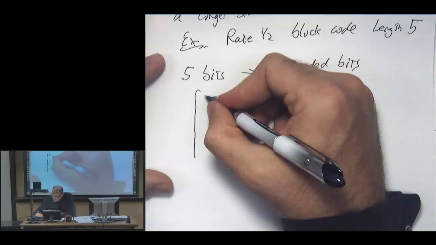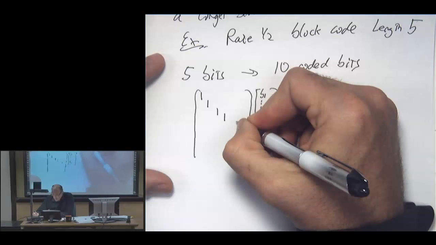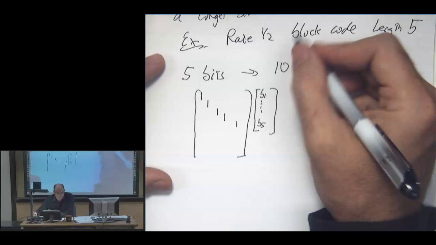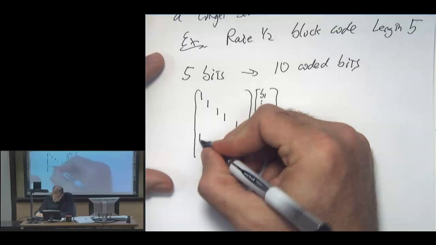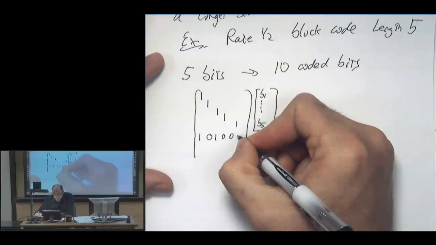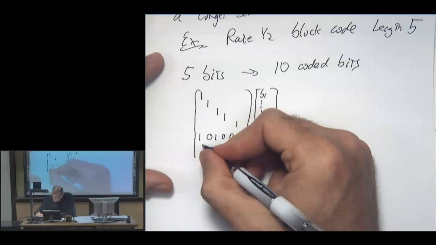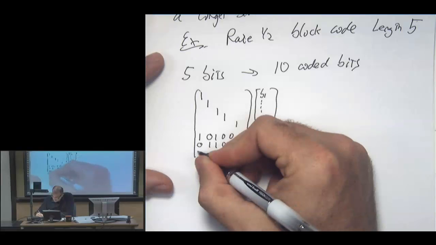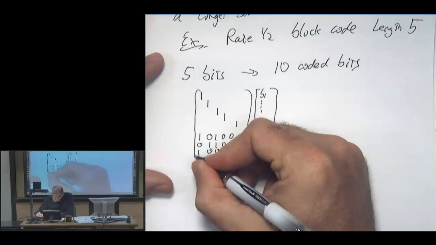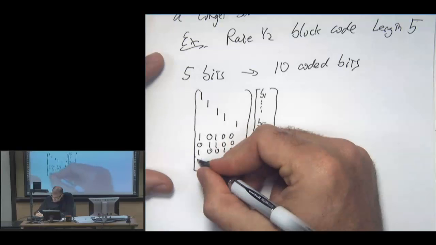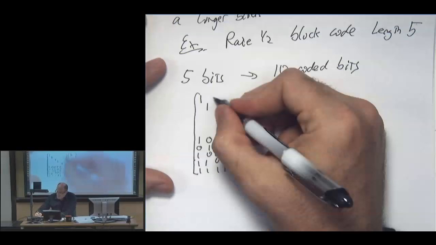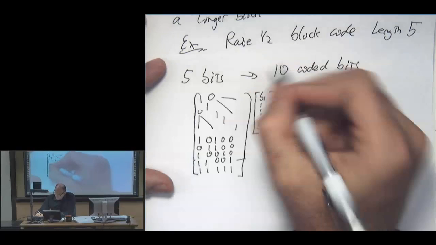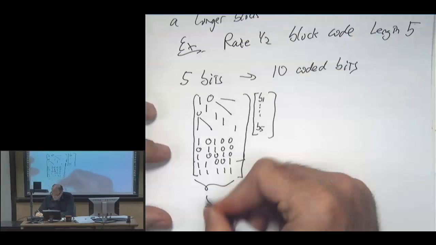For example, I could have a matrix that had 1s on the diagonal, and this operation would be in the Galois field 2, where we can do binary arithmetic. I'm not guaranteeing this code that I'm making up actually works well. I do have some examples in the book, though. And then these are zeros here. So this is 5, this is 10 bits here.